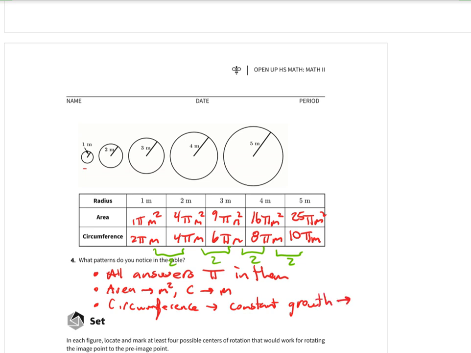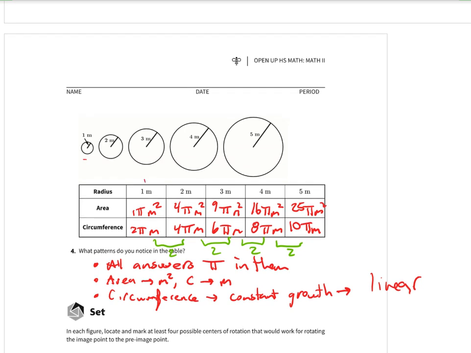All right, and because it's constant, that means it is going to be linear. All right, we got a linear growth there. Area, it's not constant, so see we go from 1 to 4, 4 to 9, right? So this area is not linear.